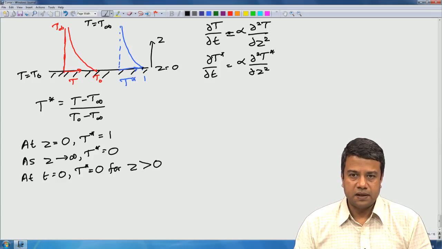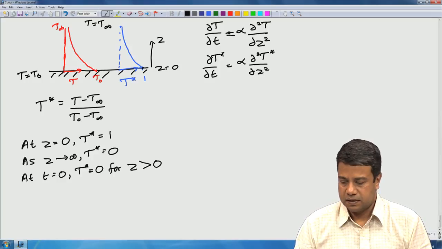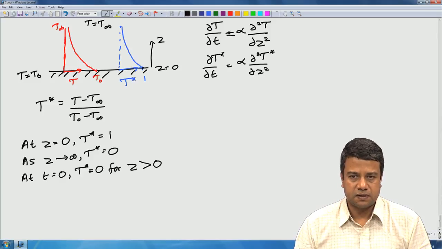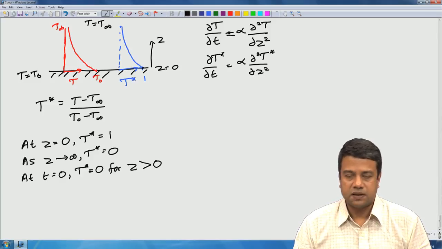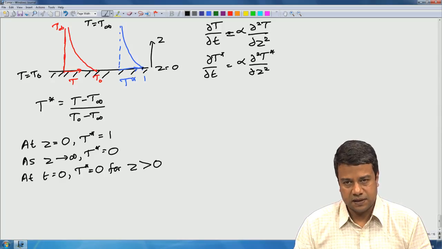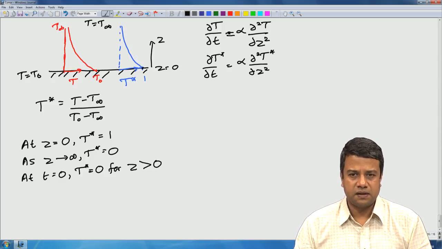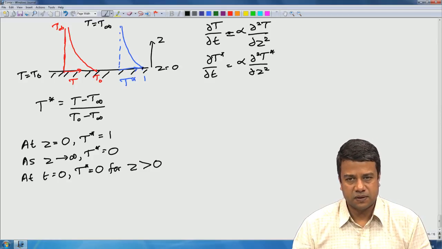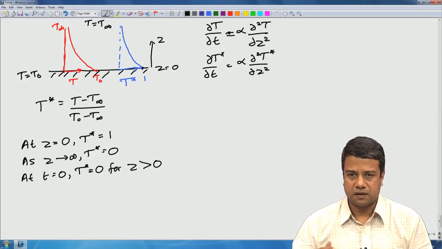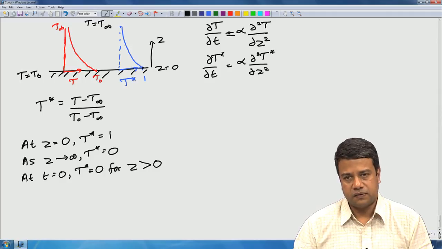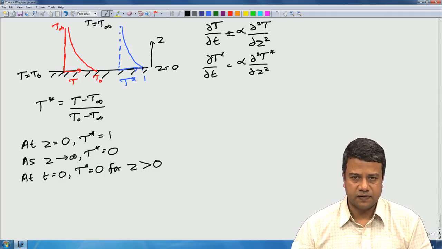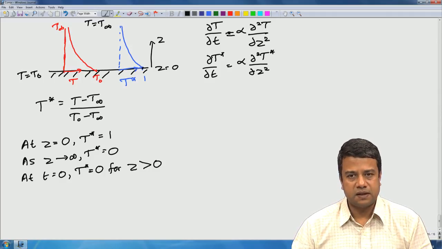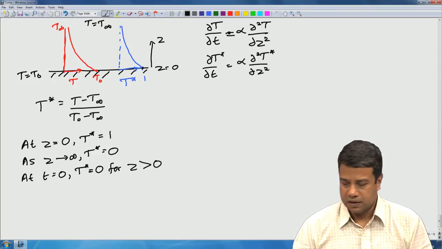So, now we have scaled the temperature field. Can we scale the time and the length? What are the time scales in the problem? What are the length scales in the problem? If you recall, if we had a finite channel, we would have had a length with which we could have scaled the Z coordinate. If it were a channel or a pipe or something of finite dimension, we could have scaled the length in this coordinate.